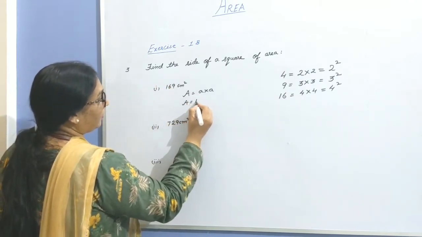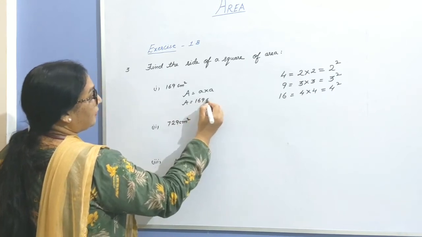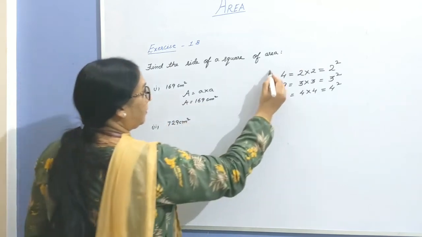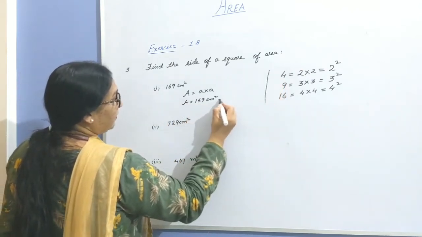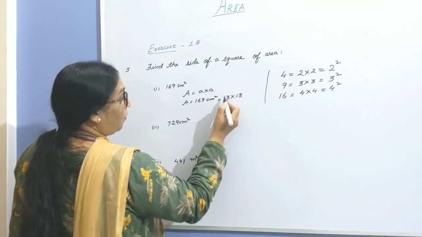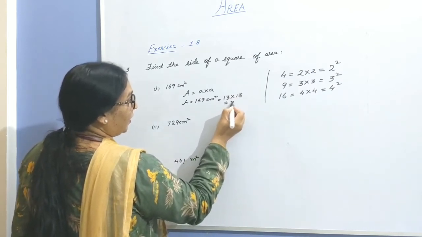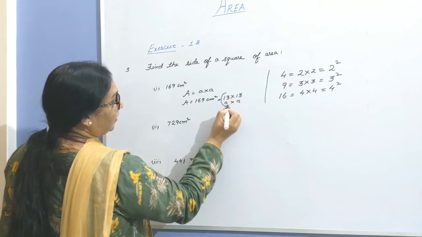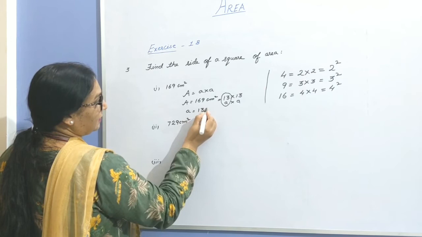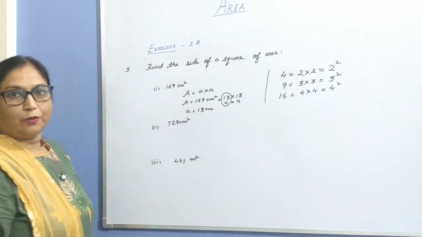Area is 169 centimeter square. 169 can be written as 13 into 13. It means A into A. Hence each side equals 13 centimeter. Hope it's clear.